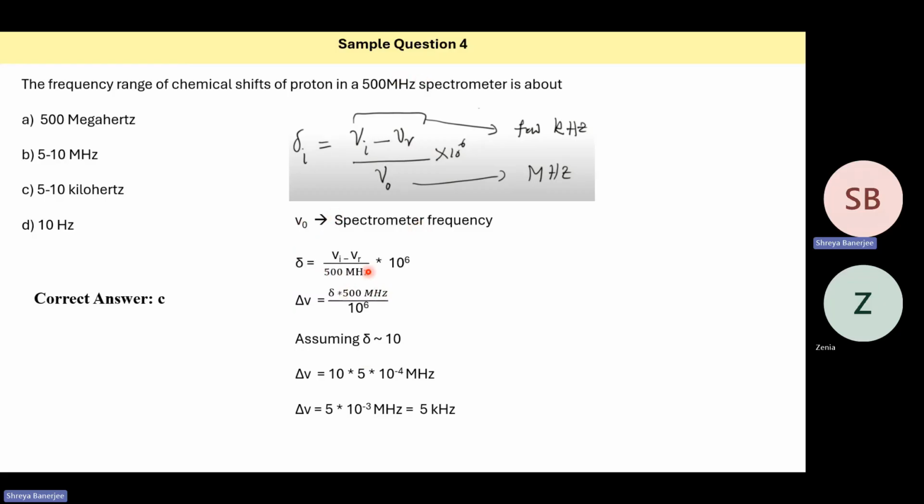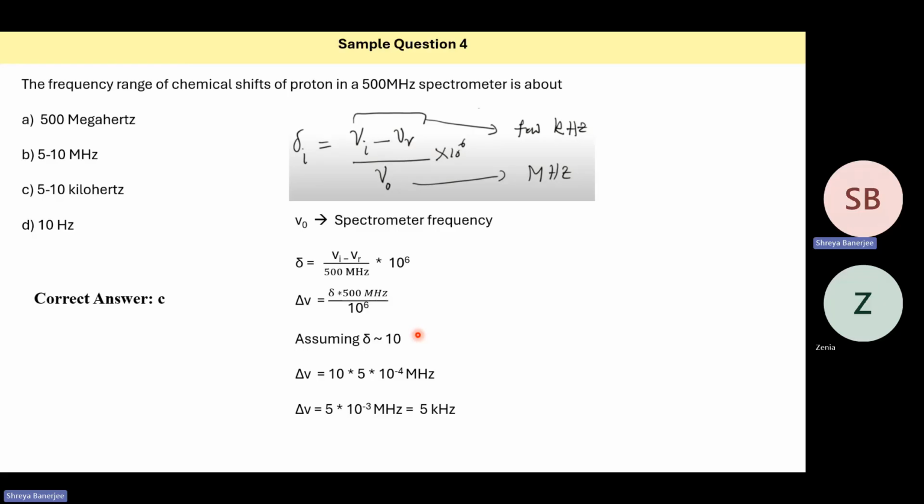We have put that in place of nu zero, and delta nu, which we are defining as nu I minus nu r, we are calling this delta nu. Delta nu is this chemical shift delta into 500 megahertz divided by 10 to the power 6. We assume the delta range, we are assuming it 10.